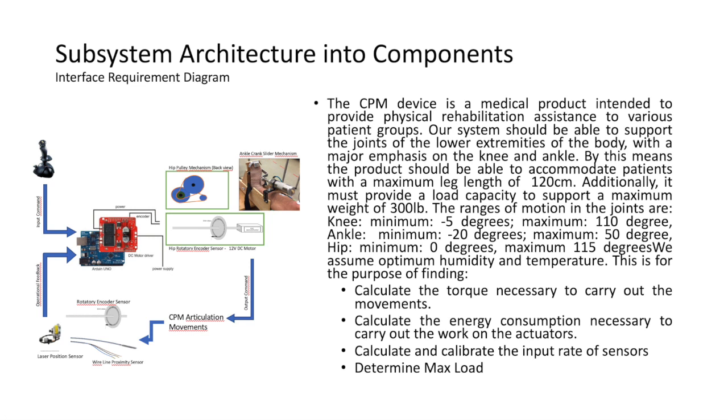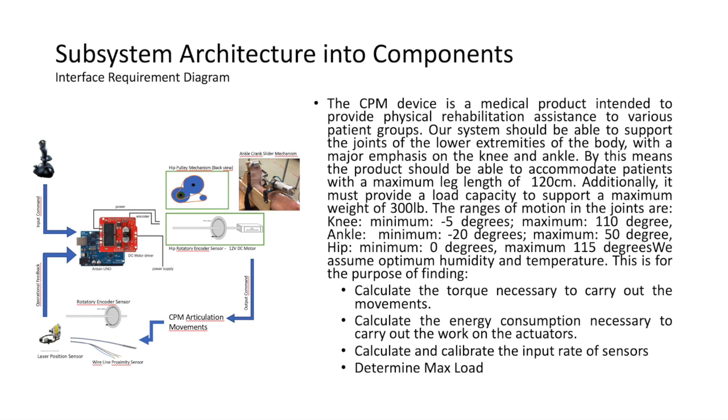Our subsystem should be able to support the joints of the lower extremities of the body, with a major emphasis on the knee and ankles. By this means, the product should be able to accommodate patients with a maximum length of 120 centimeters. Additionally, it must provide a load capacity to support a maximum weight of 300 pounds.